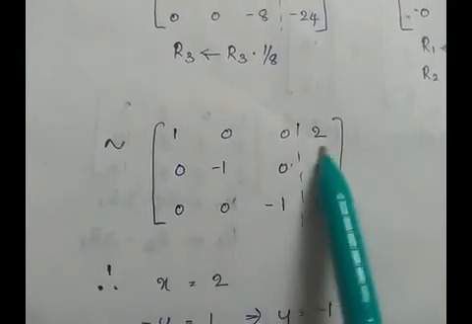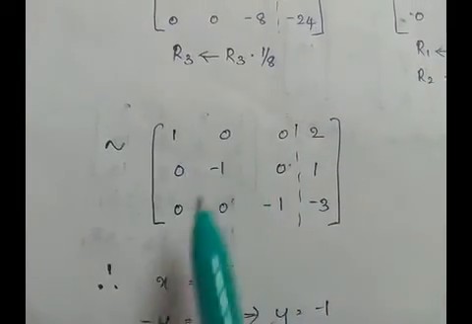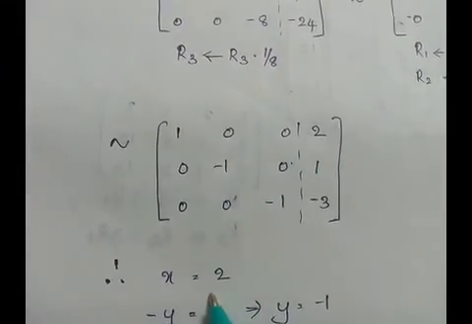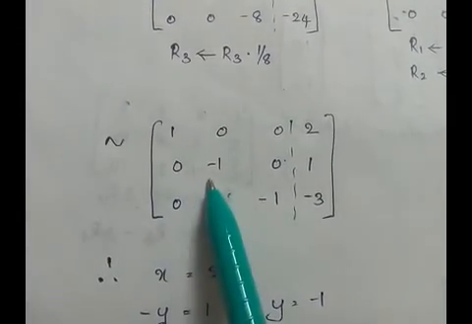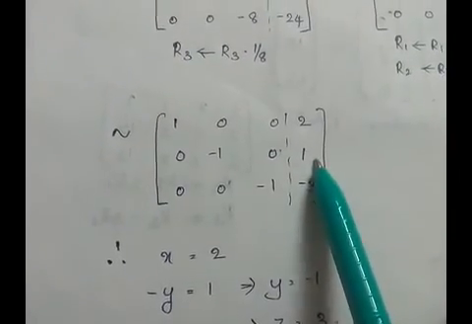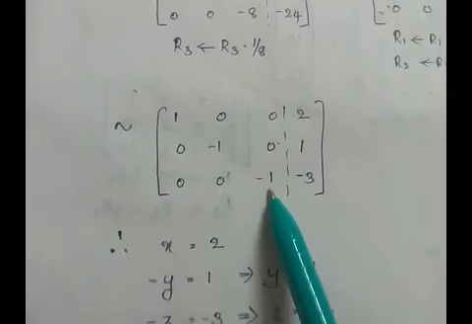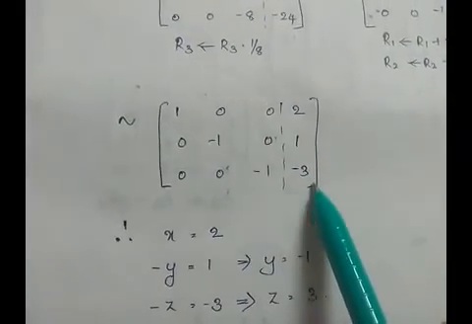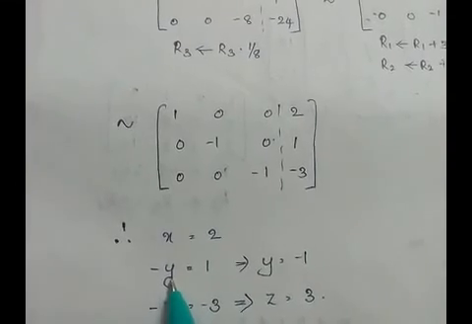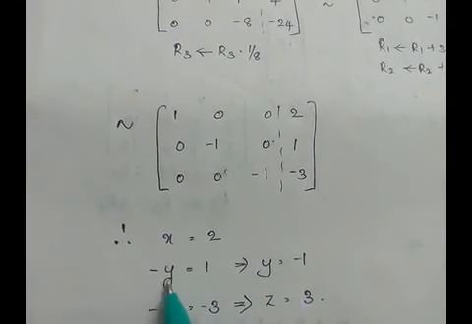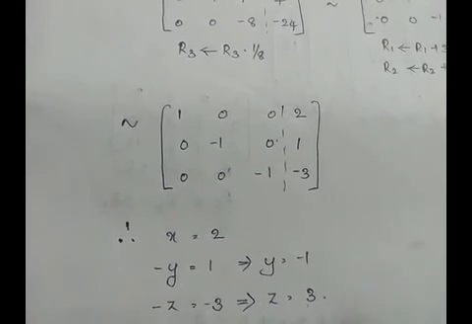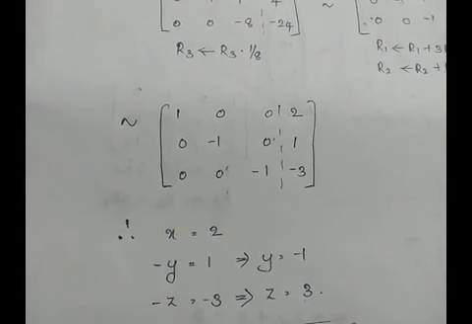That means from the first row we'll get the equation x equal to 2, from the second row we get minus y equal to 1, and from the third row, minus z equal to minus 3. Now from these, we get y equal to minus 1 and z equal to 3. And that's the solution for the given question.